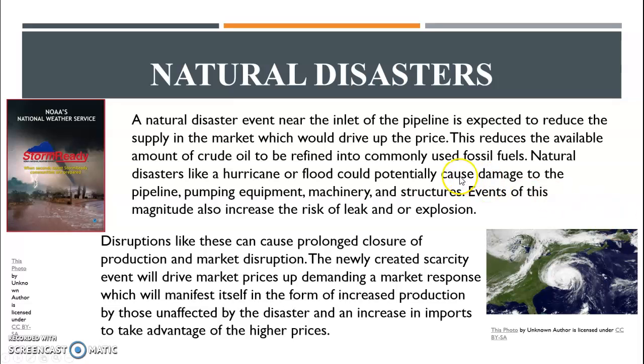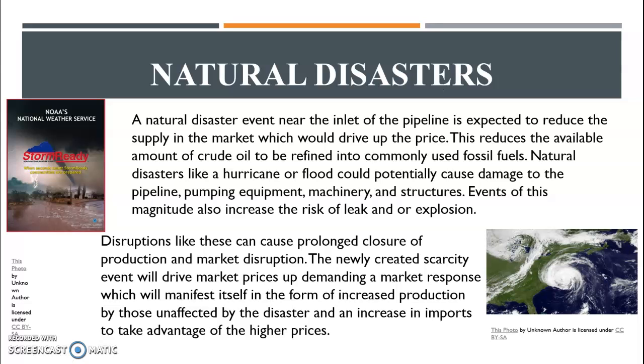A natural disaster near the inlet of the pipeline is expected to reduce the supply in the market, which would drive up the prices. This reduces the amount of crude oil available to be refined into commodity-used fossil fuels. Natural disasters like hurricanes or floods could potentially cause damage to the pipelines, pumping equipment, machinery, and structures.